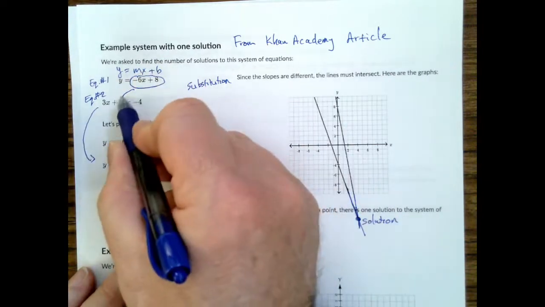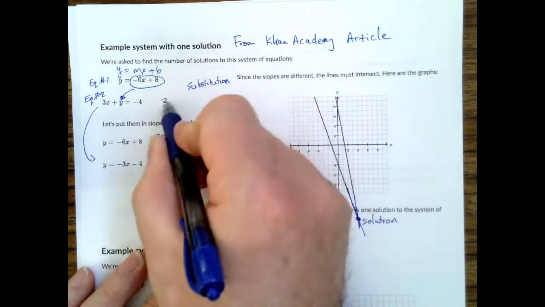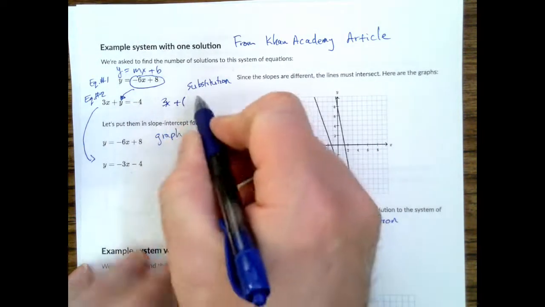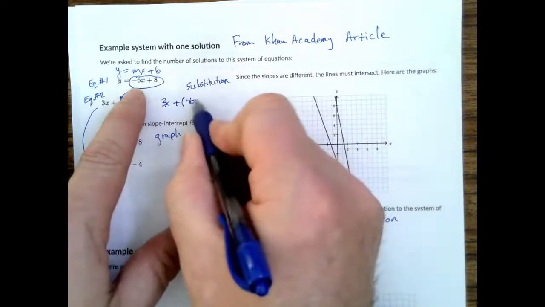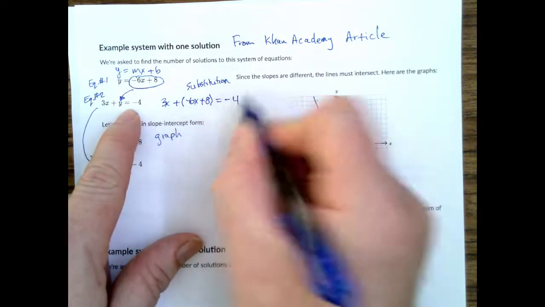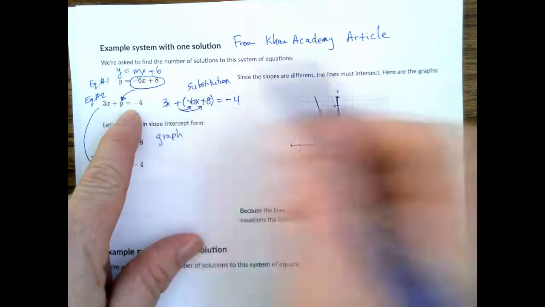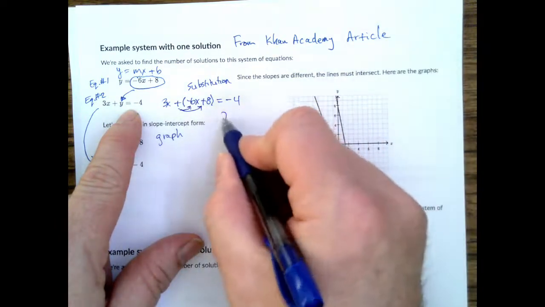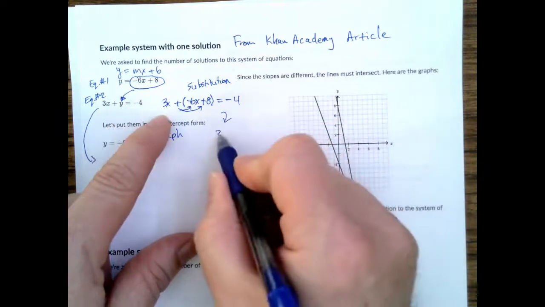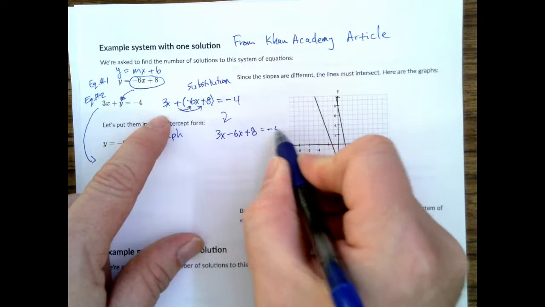I'm just going to put it right there for y, because it says y equals this. So I get 3x plus, now use parentheses, negative 6x plus 8, then the equal sign, then negative 4. The positive distributing is not going to change this problem at all. So 3x minus 6x plus 8 equals negative 4.